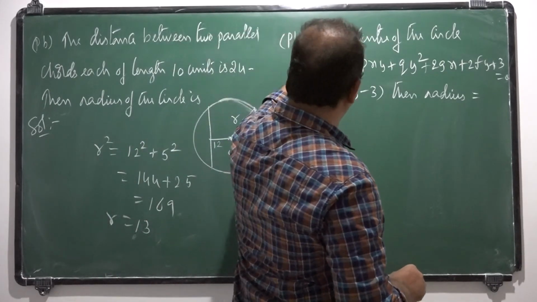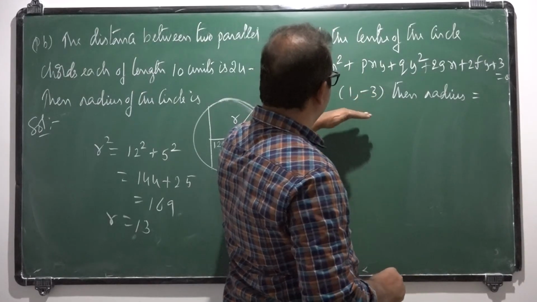Center of the circle is 1 comma minus 3.